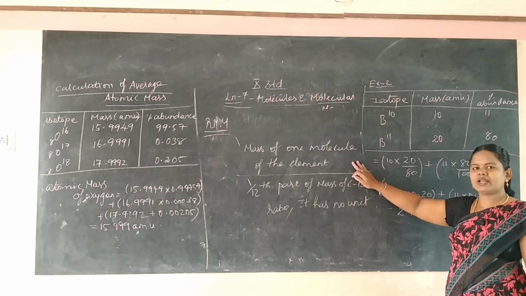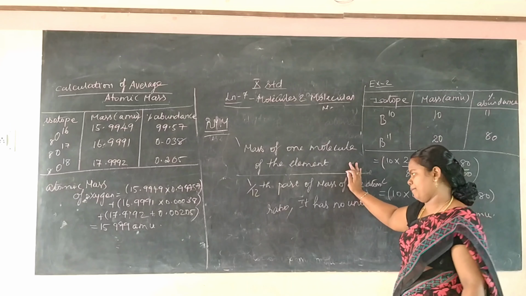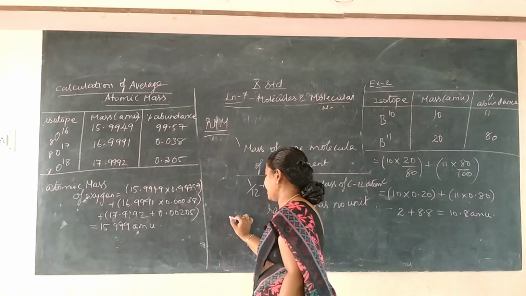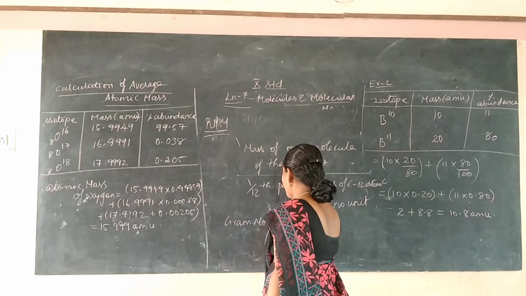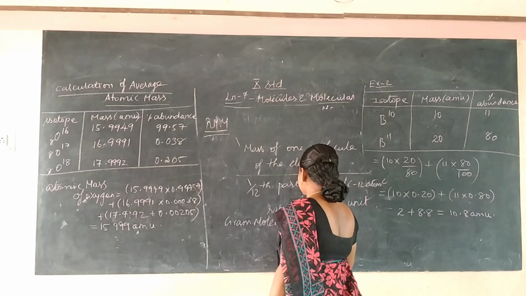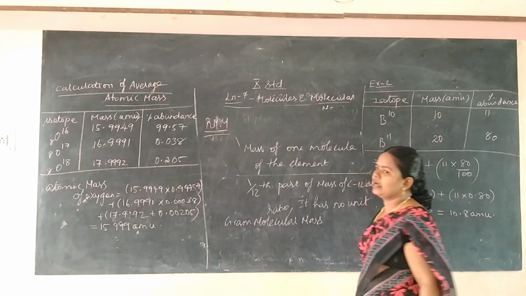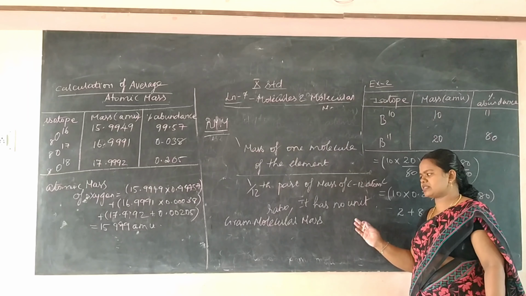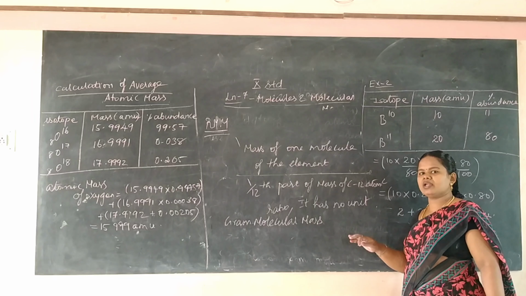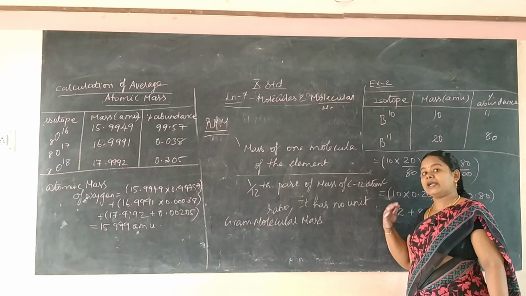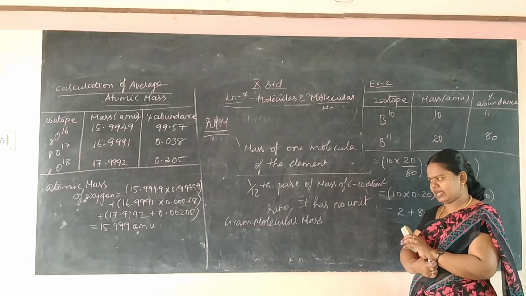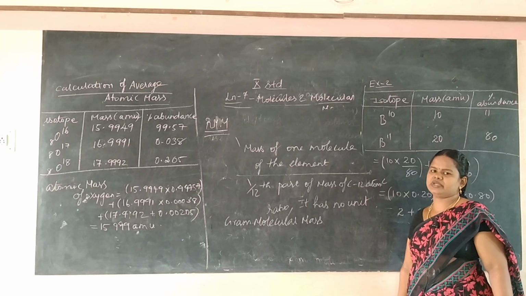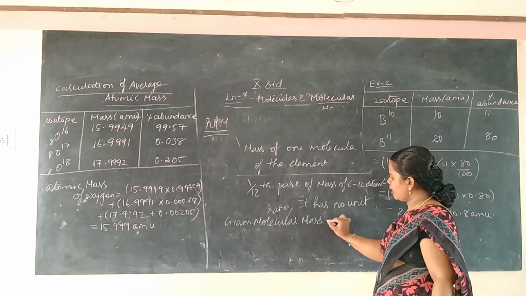When the molecular mass is expressed in gram, then it is known as gram molecular mass. In the previous class I told that when the atomic mass is expressed in gram, then it is known as gram atomic mass. Here, when the molecular mass is expressed in gram, it is gram molecular mass.